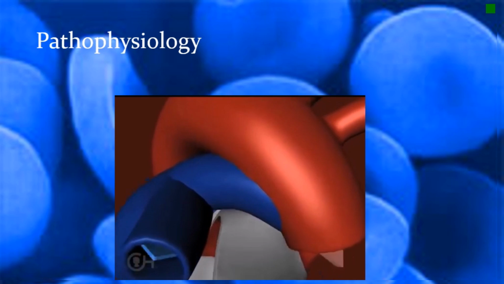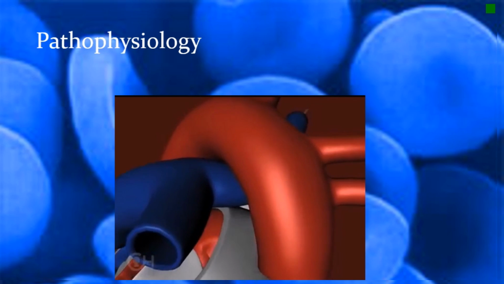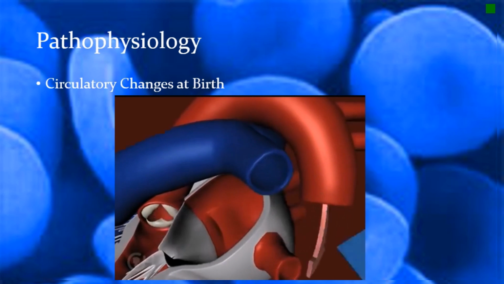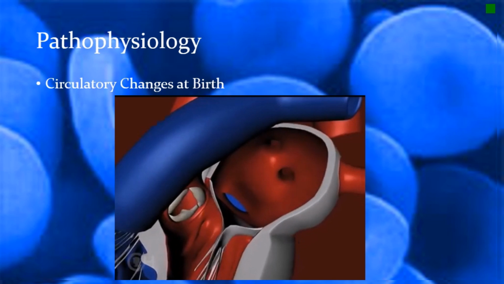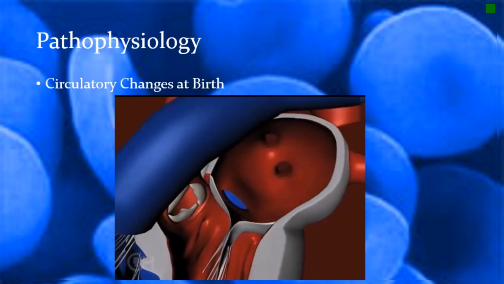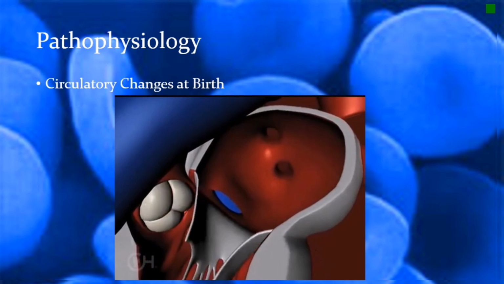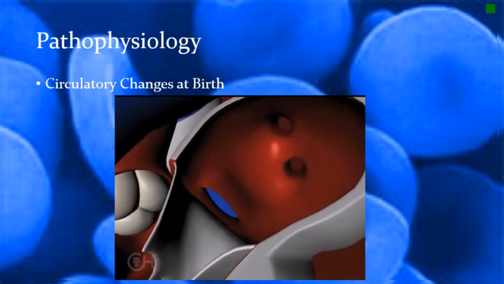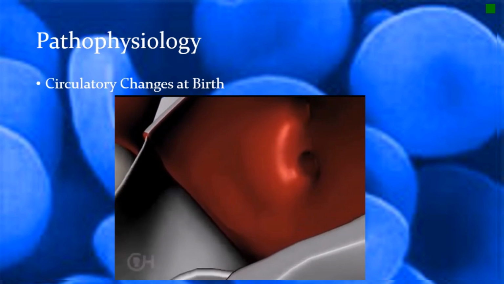The ductus arteriosus begins to constrict and is typically fully closed within 24 to 48 hours of life, and blood is now then fully directed into the lung. As the blood returns to the left side of the heart after traversing the pulmonary circulation and picking up oxygen, pressure in the left atrium rises just a bit, and the trapdoor of the foramen ovale, which was open before birth, now begins to close, usually within the first few days of life.